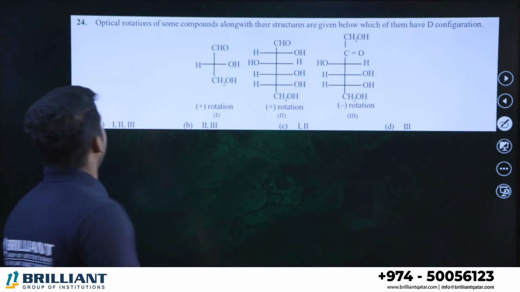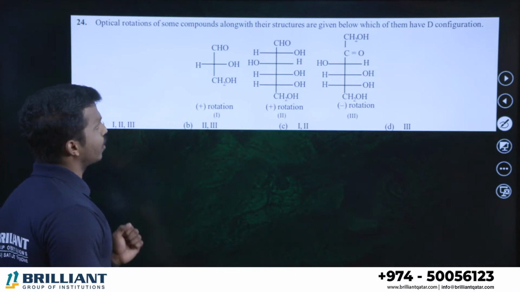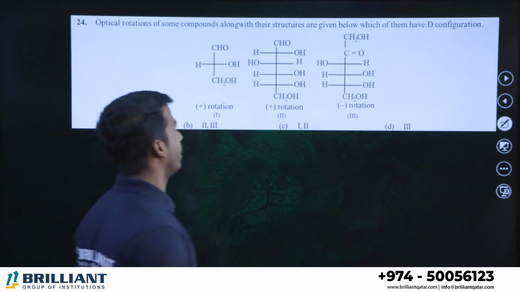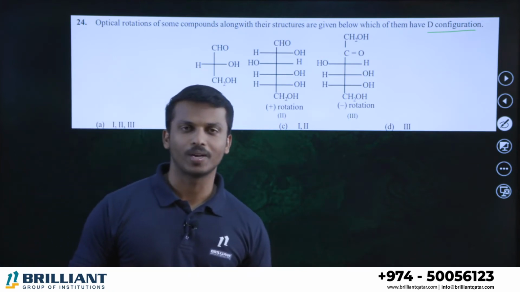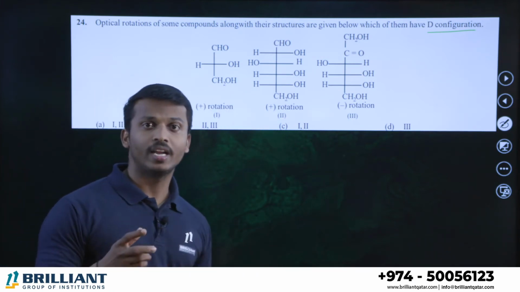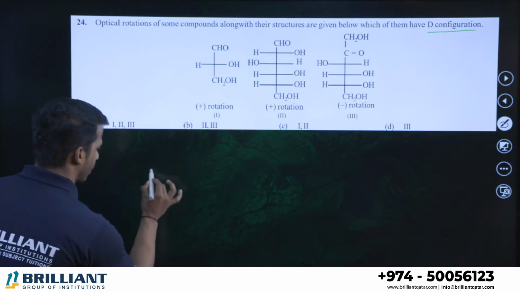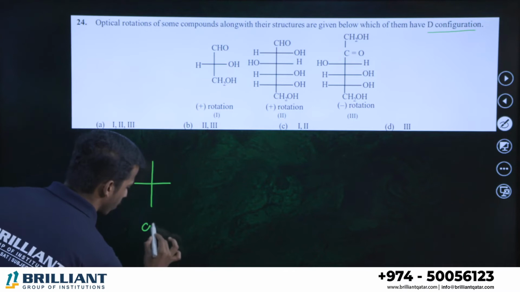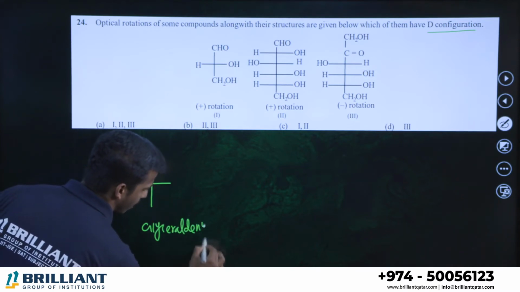Next one. Question number 24: optical rotation of some compounds along with their structures are given below. Which one has D configuration? The chapter is biomolecules, right? What is D and L configuration? We studied it using the simplest aldehyde, glyceraldehyde.